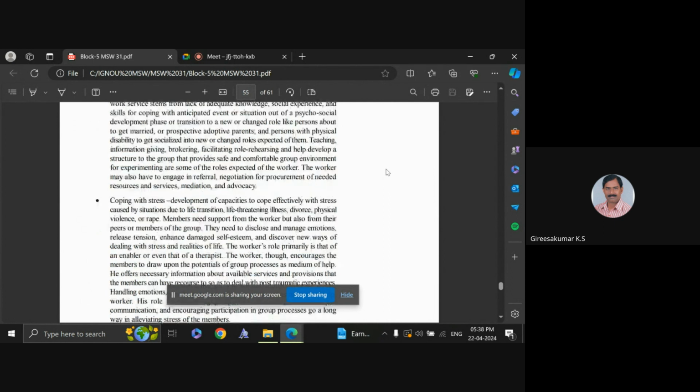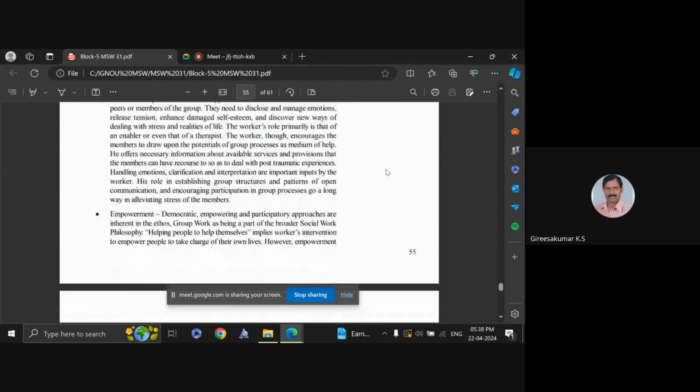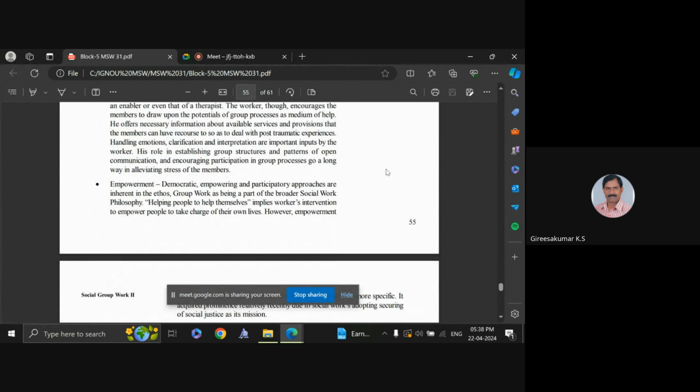If only he is capable of all these characteristics, the support can be extended to them.